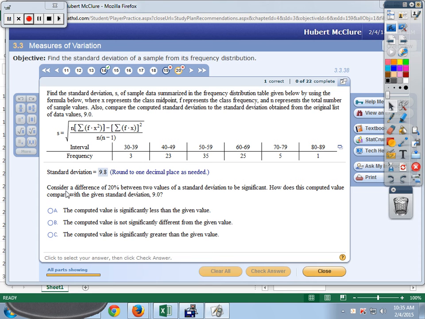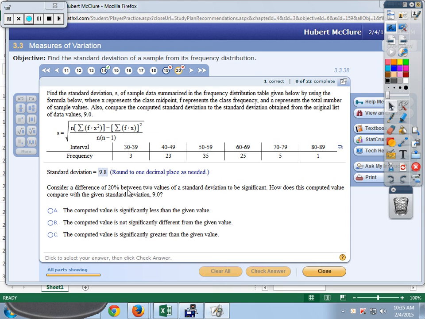This says consider a difference of 20% between two values of standard deviation to be significant. How does this computed value compare with the given standard deviation of 9? I don't understand the question.